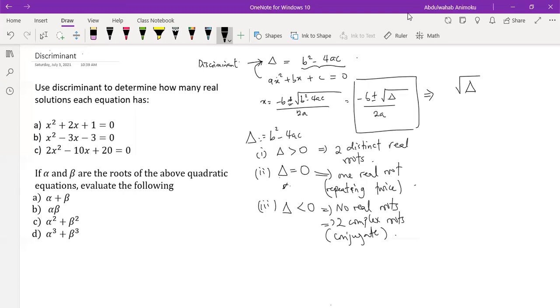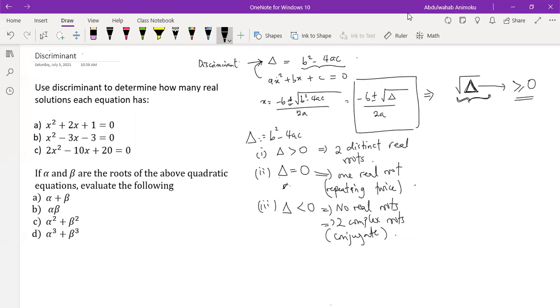Now, you understand that for a square root to give a real number, the inside of this square root must be greater than or equal to 0.